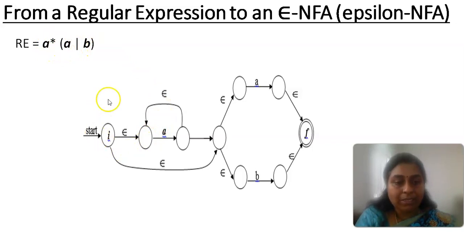You can clearly see we can first have the epsilon NFA for A star, followed by which I can add the epsilon NFA for A or B. In this way we can develop epsilon NFAs for any given regular expression if we are thorough with the first three commonly occurring regular expressions and their epsilon NFAs.